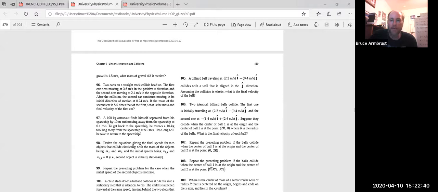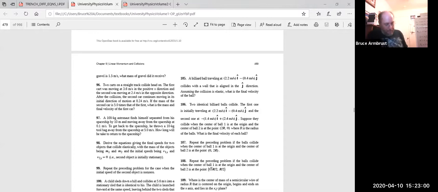So two identical billiard balls collide. The first one is initially traveling with this velocity, and the second one with a different velocity. Suppose they collide when the center of ball 1 is at the origin, and the center of ball 2 is at the point 2r, 0, where r is the radius of the balls. All right.